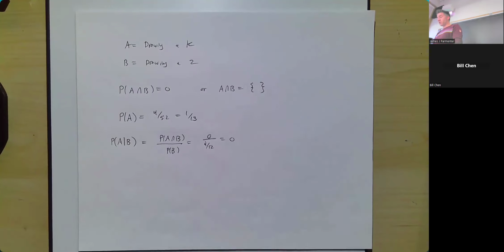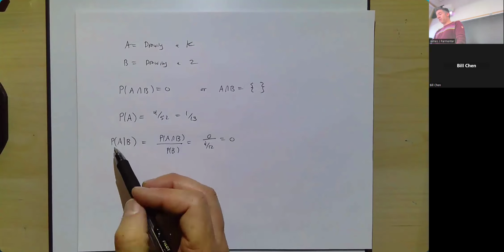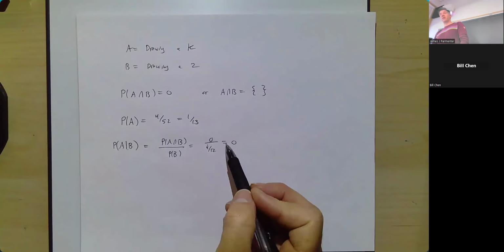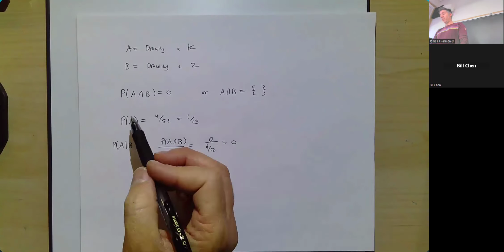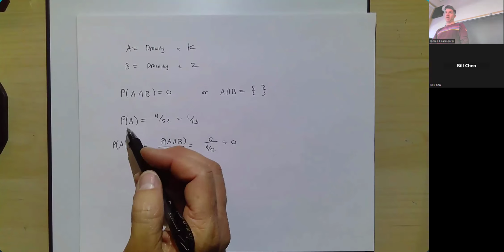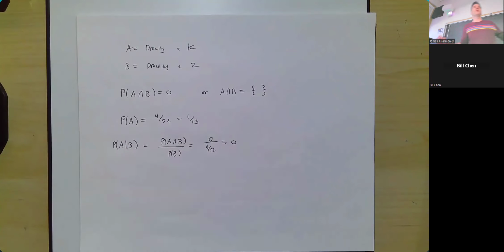So this is why mutually exclusive events can never be independent, because the probability of one of them given the other one is always going to be 0. And whereas the probability of one of them on their own is typically not 0. I will point out, technically, there's a stupid case where one of the events has a 0 probability, and so they can be mutually exclusive and independent, but it's real dumb. No one should ask you about that.